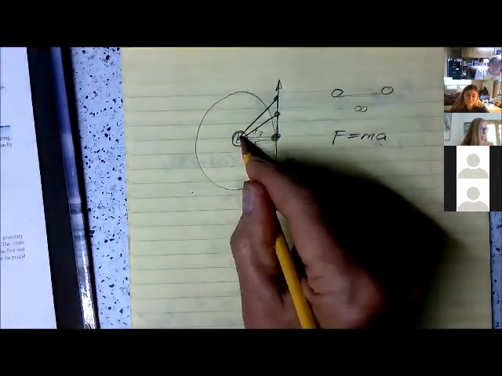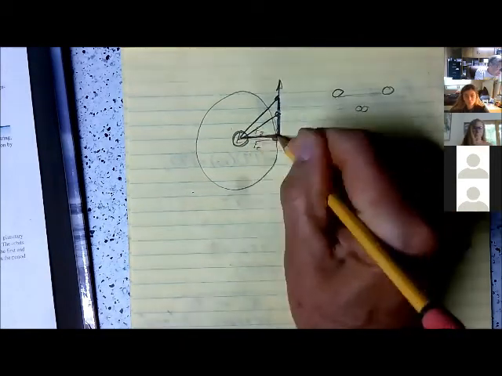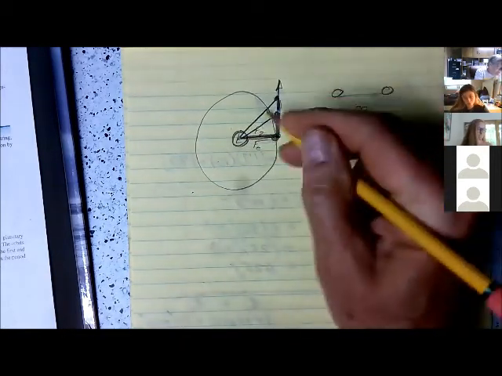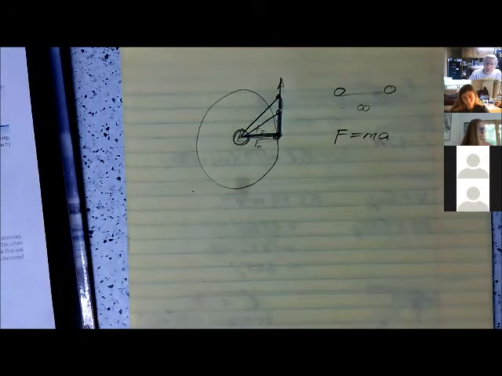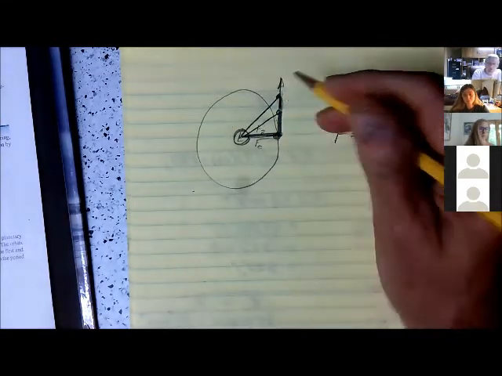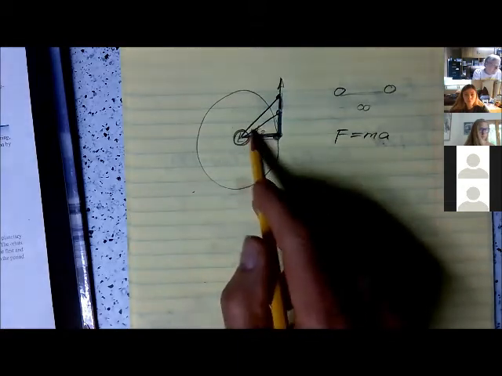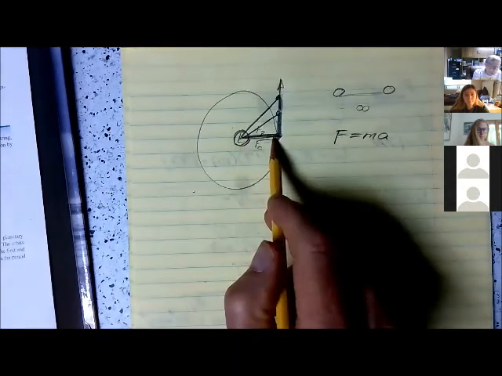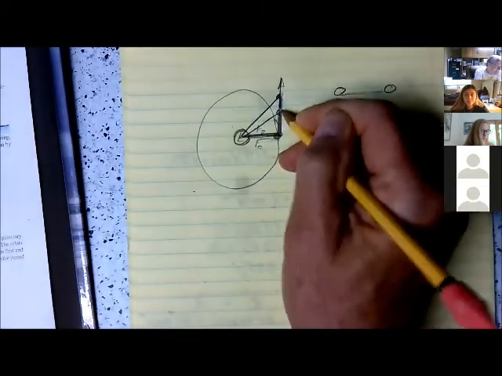Pythagorean theorem. Radius and this distance, right? This squared plus this squared equals this squared. So just due to the speed of the object, which is what Ryan was saying, the moon is getting further away. But for it to be in orbit, the force of gravity is strong enough to keep pulling it back in.